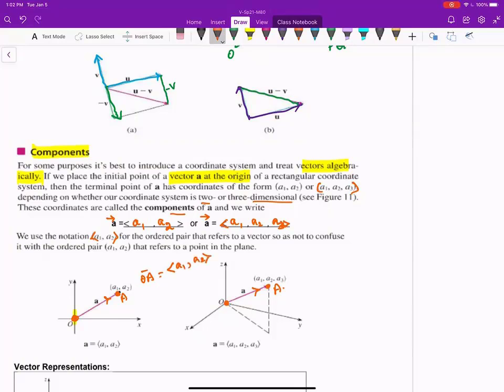If you just say point, in coordinates it's just an ordered pair like this. In the same way, OA in three dimensions should be written in component form as A1, A2, A3 inside an angle bracket. And if you write the point A, it will have just the coordinates A1, A2, A3. That's an ordered triple.